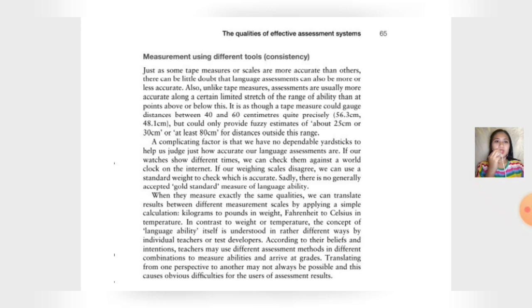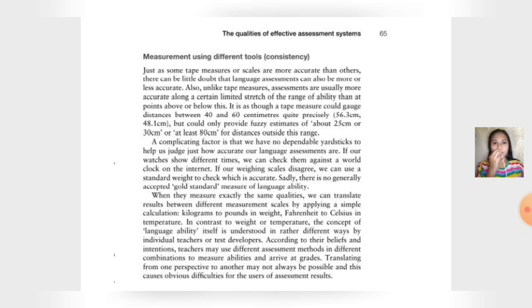It is as though a tape measure could gauge distances between 40 and 60 centimeters quite precisely, but could only provide fuzzy estimates of about 25 centimeters or 30 centimeters or at least 80 centimeters for distances outside this range.